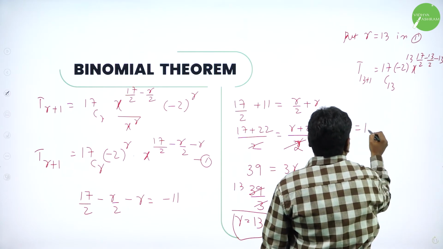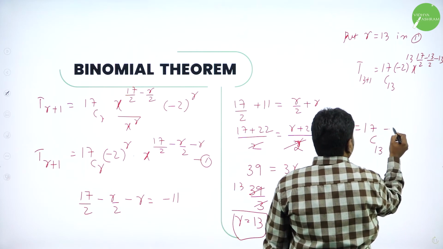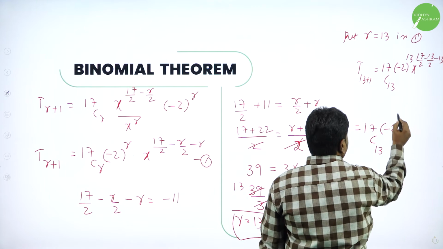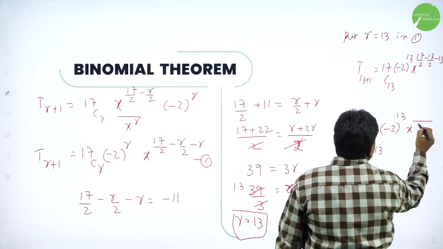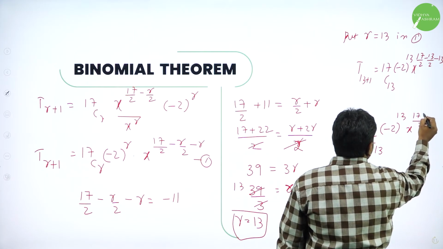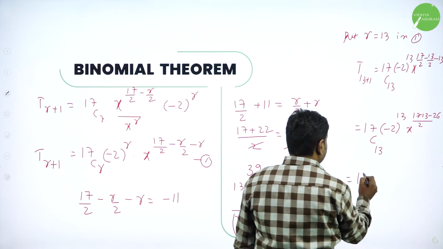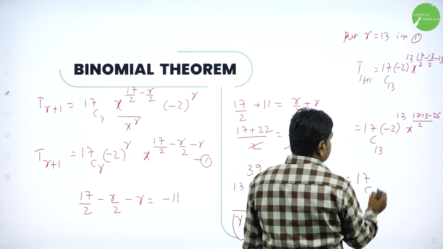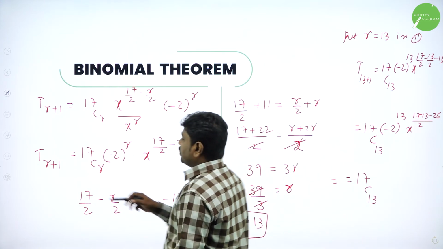Simplify that, so you'll get 17C13, minus 2 power 13. So minus power odd number becomes minus. x power, if you simplify, take LCM. 2 is the LCM. 17 minus 13 minus 26. That is 17C13. Minus is there. So minus power odd number is minus. So I'll write minus in the beginning.